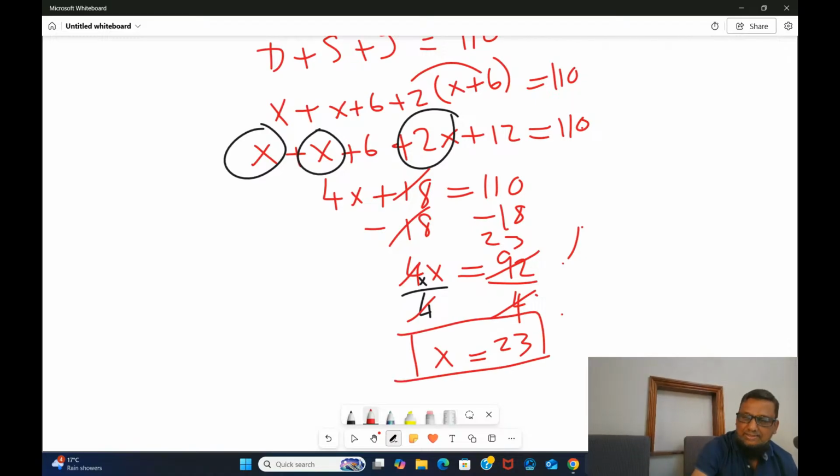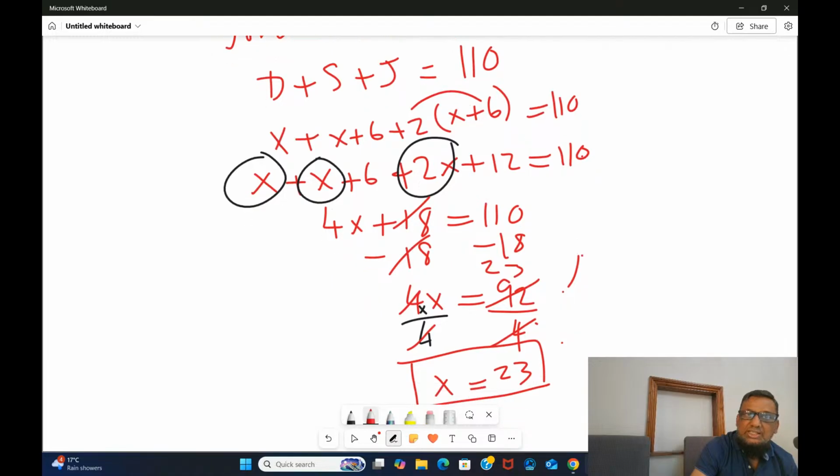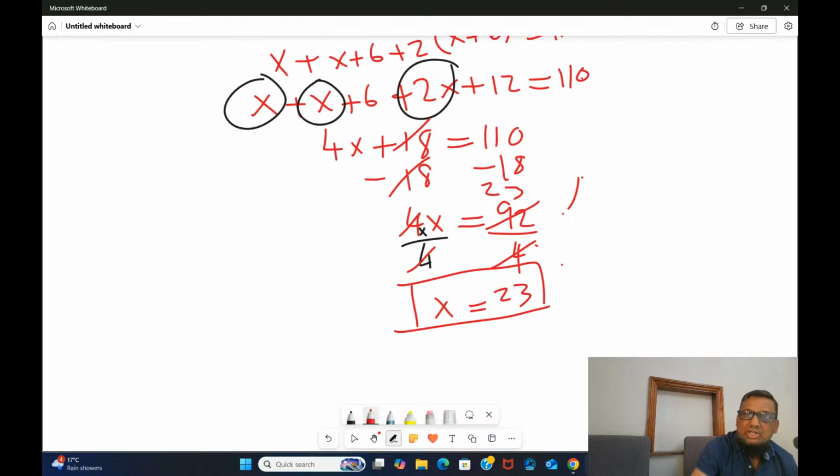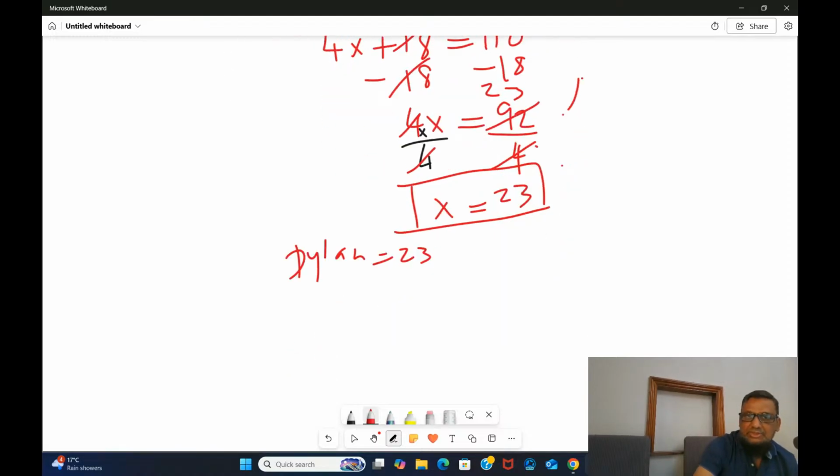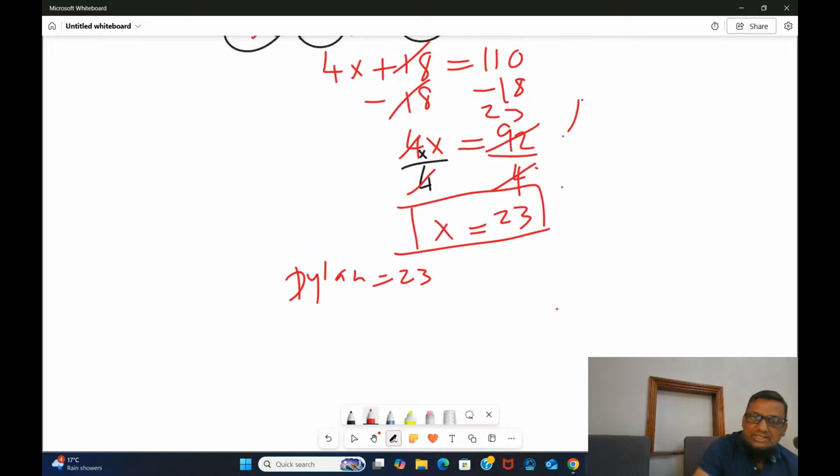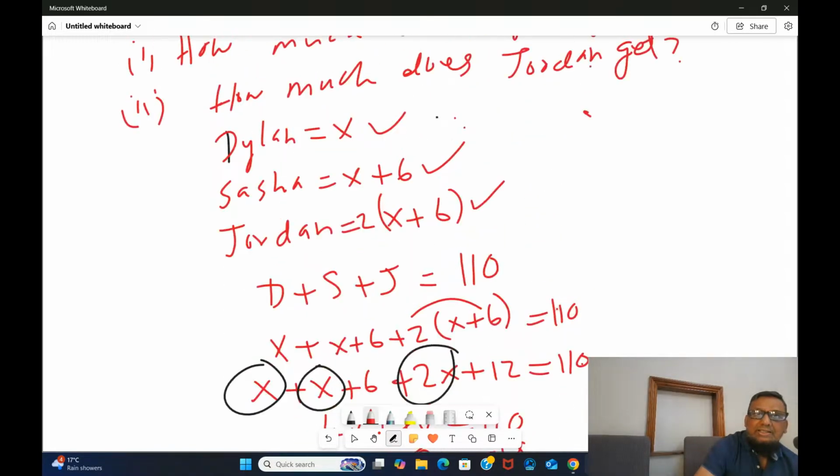Who is X? Go back and check who is the X. So Dylan is X. So Dylan gets 23, okay. Look at this one. If Dylan gets 23, so Sasha getting 6 pounds more than Dylan.